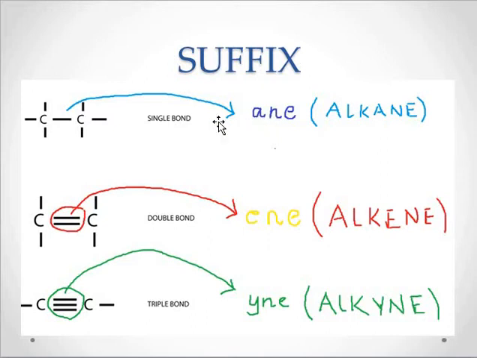There is only a single bond between 2 carbons, that's why we use ane. Whenever you find a double bond between 2 carbon atoms, it is alkene, so the suffix is ene. Whenever there are 3 covalent bonds between carbons, we use the term alkyne. We derive the word yne.